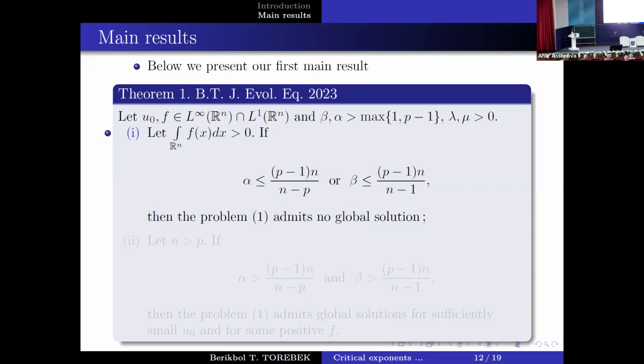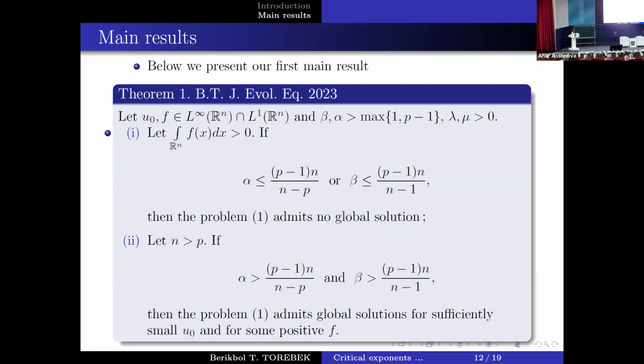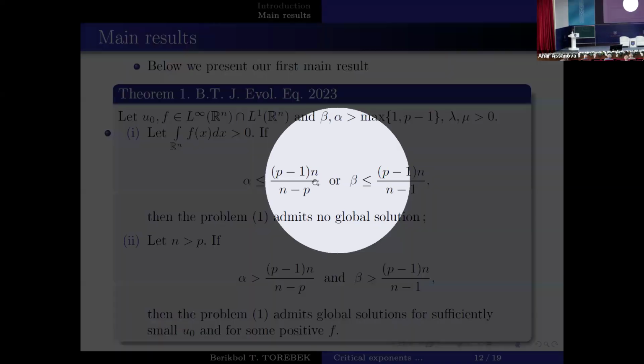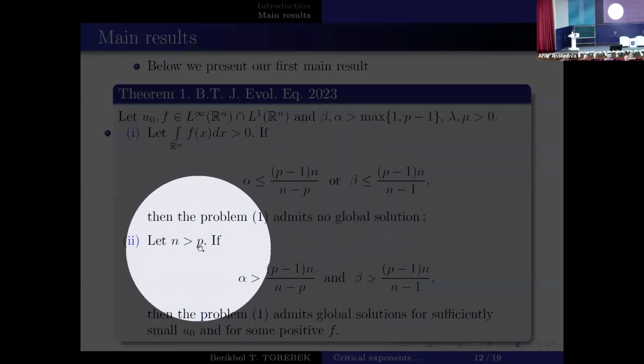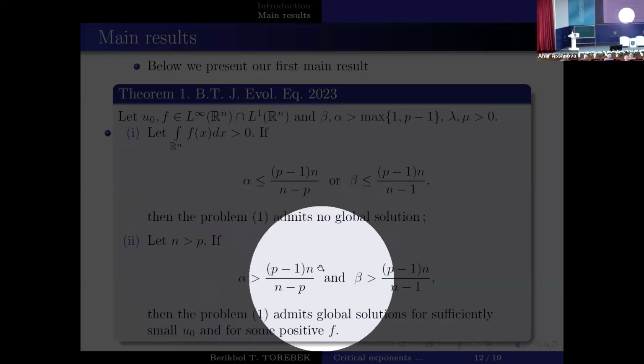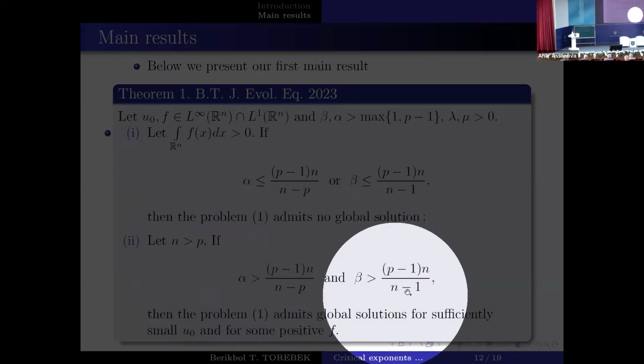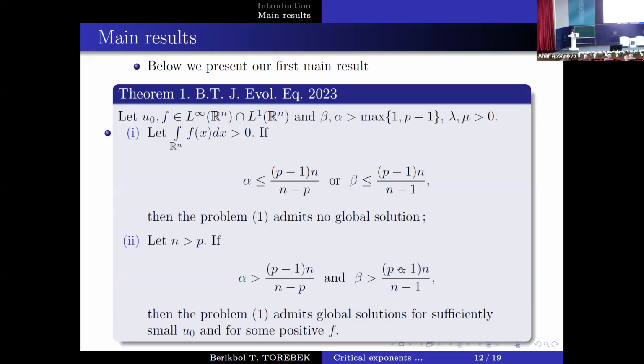And in the second case, the supercritical case, if n is greater than p and alpha is greater than this number and beta is greater than this number, then for sufficiently small initial data and some positive forcing term, there is a global in time solution of this problem.